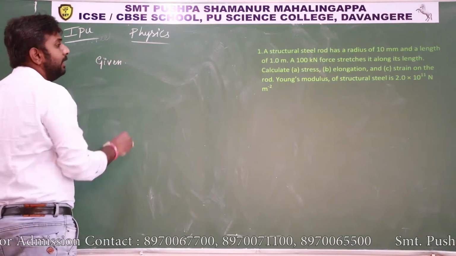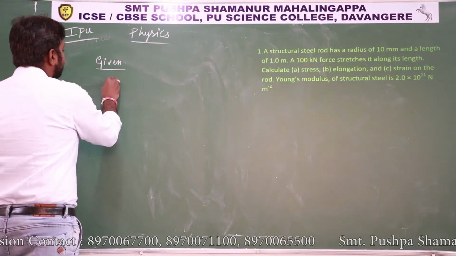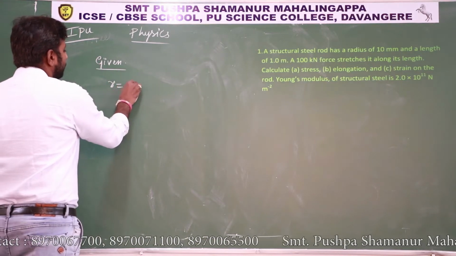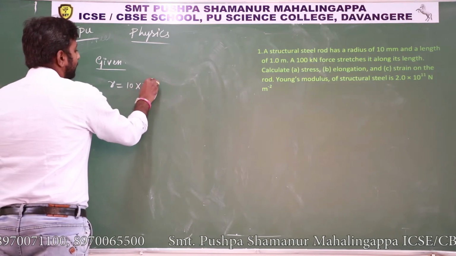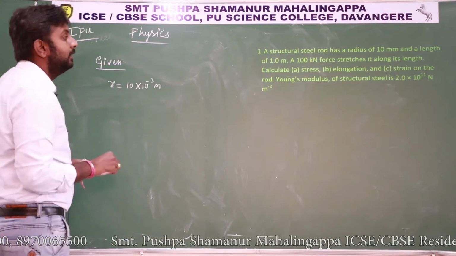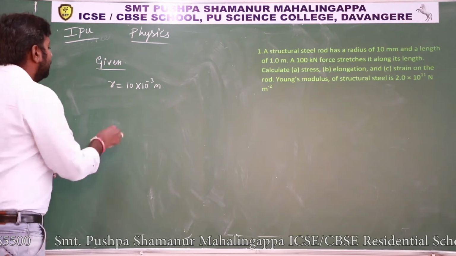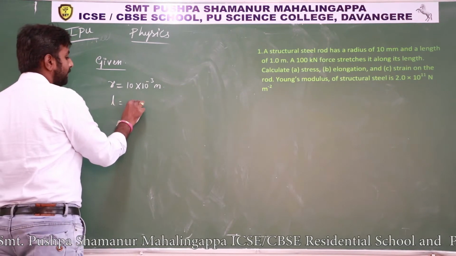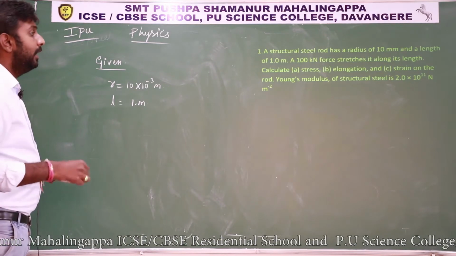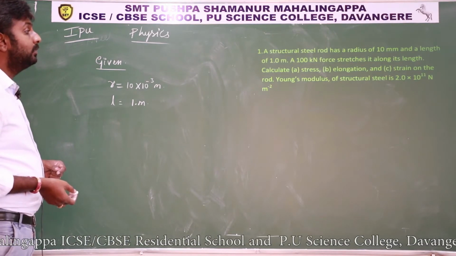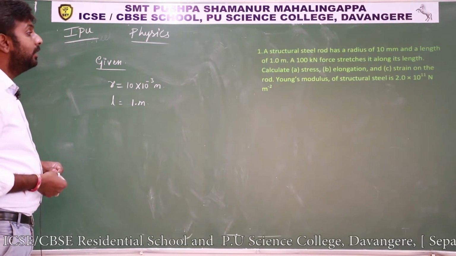Radius is given, R equals 10 millimeter, that is 10 into 10 to the power minus 3 meter. And a length is given as 1 meter.